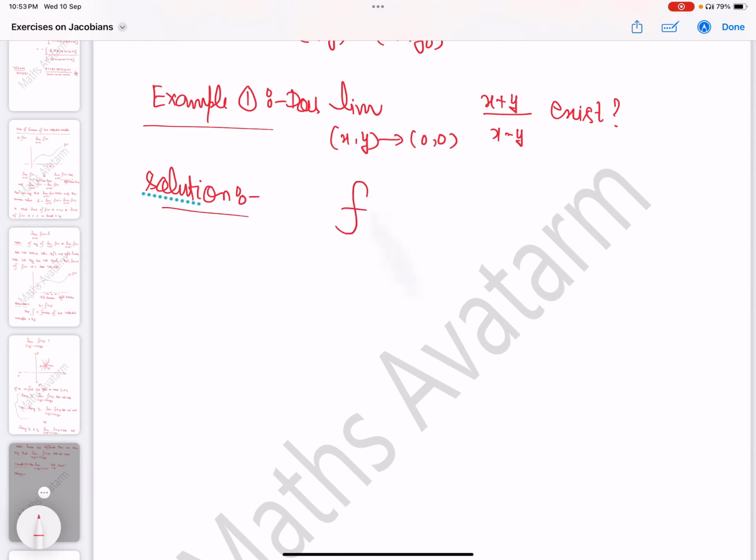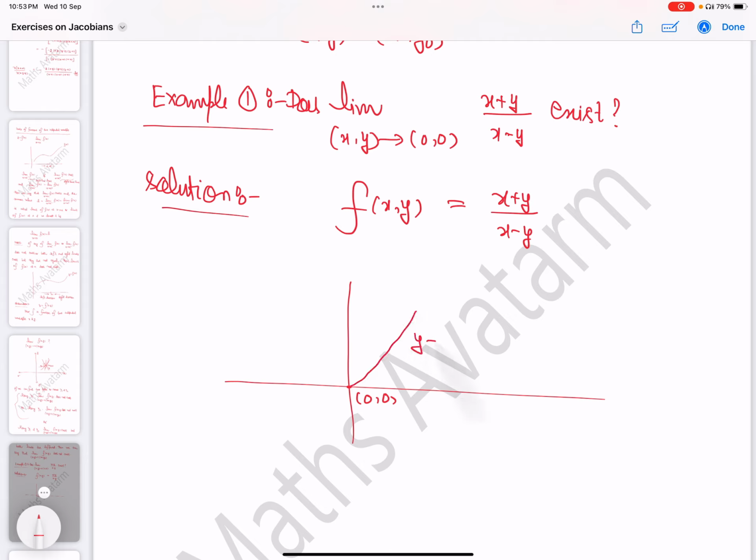So f(x, y) is here (x plus y) upon (x minus y). So at (0, 0), this is the point. So we are taking a general curve y is equal to mx. So we'll check along this. If we take two different m's, the path will be different.